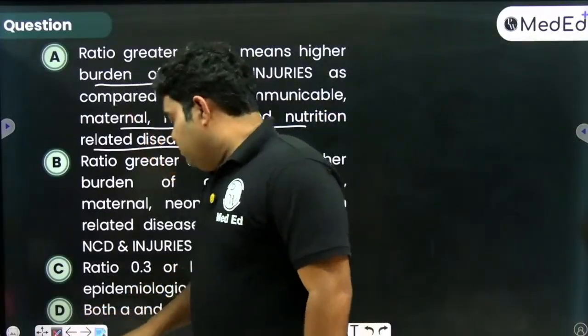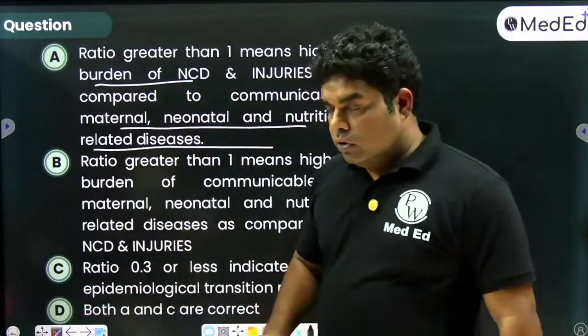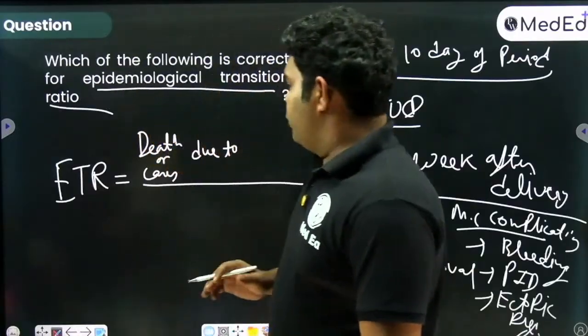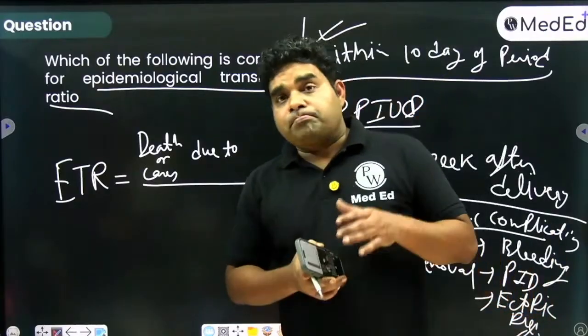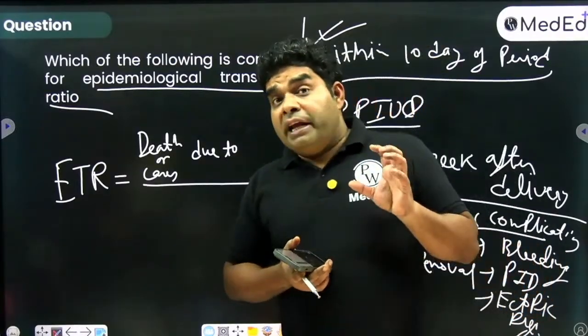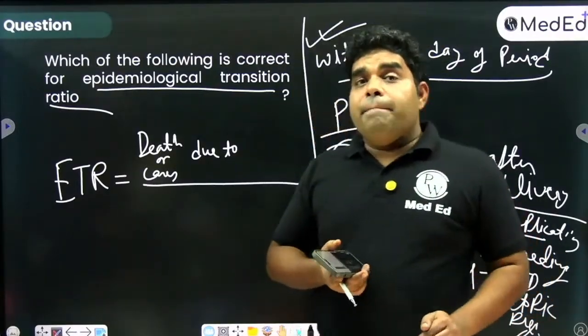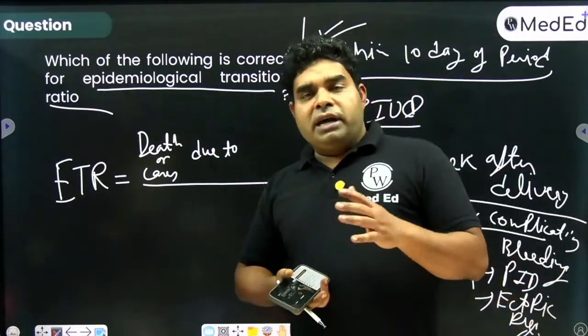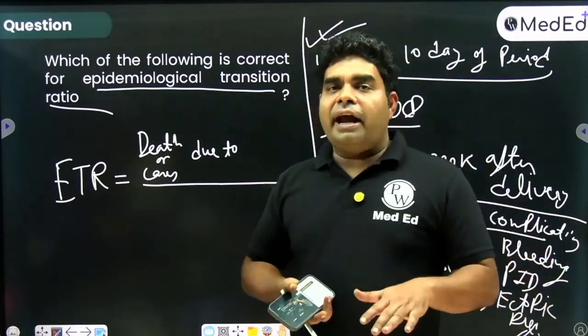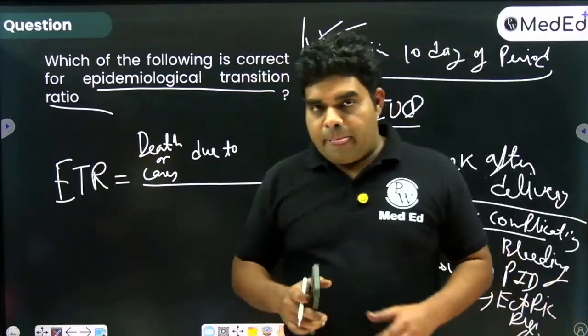This is the part given in Park textbook, and once a question has come from it. You might be knowing that gradually infectious disease is decreasing and non-communicable disease is increasing. Pneumonia, diarrhea are decreasing, and diabetes, hypertension are increasing.